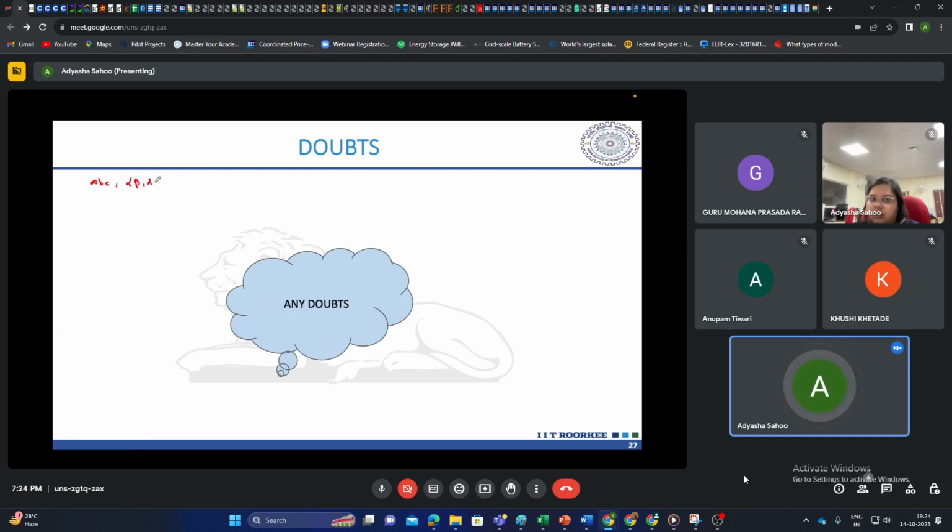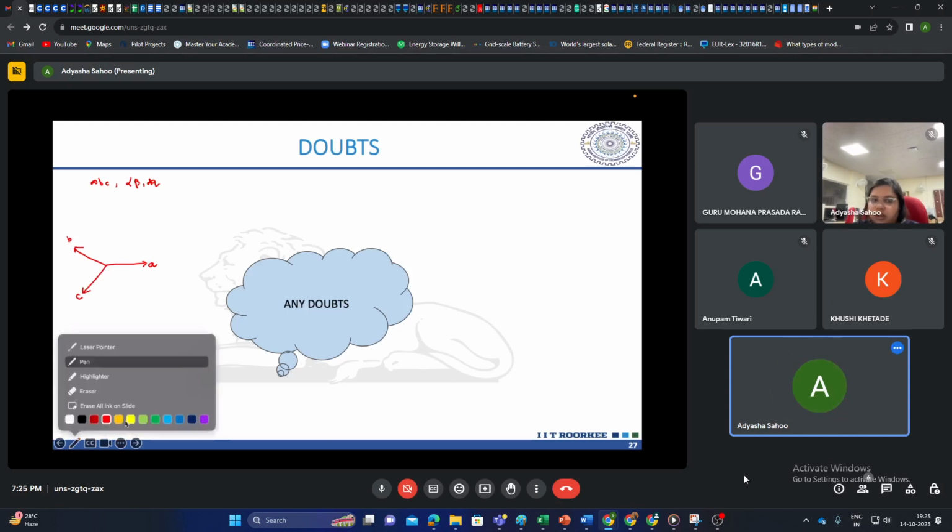I just wanted to give a heads up on what this transformation actually is. If I draw the phasors for this ABC, this is your ABC frame of reference.